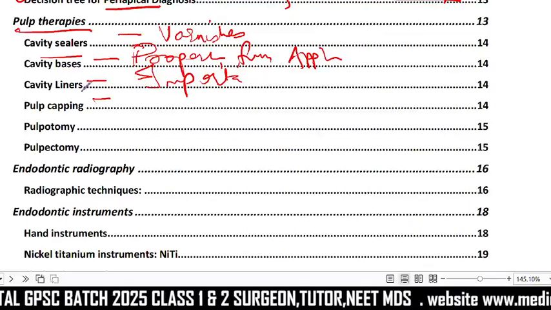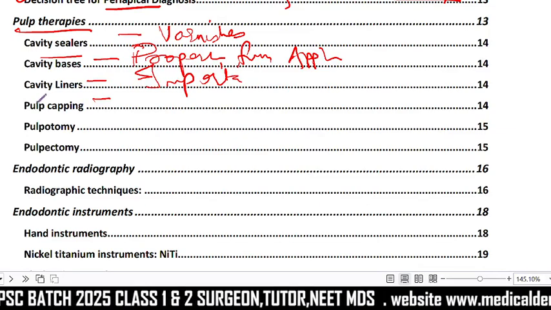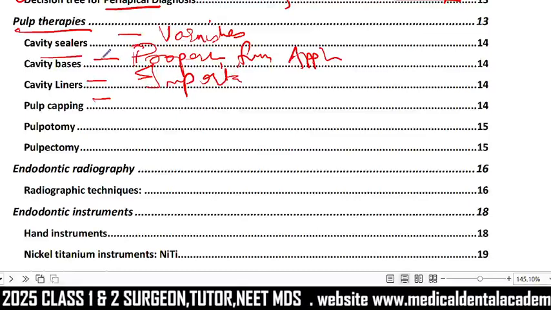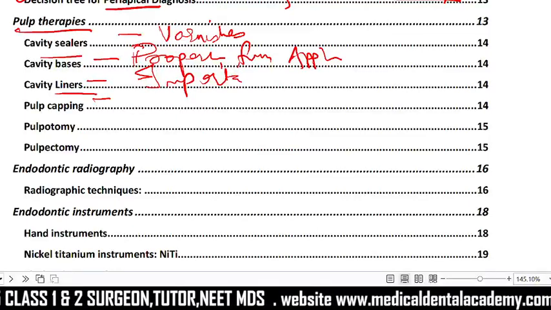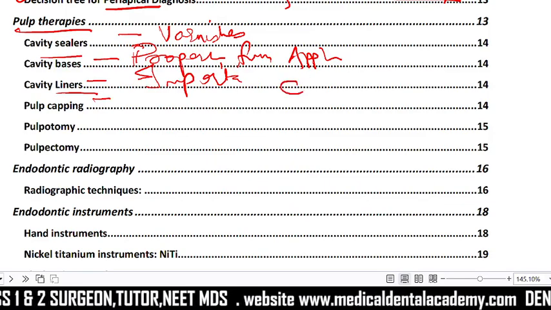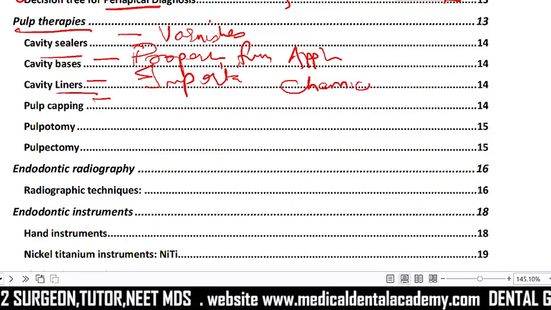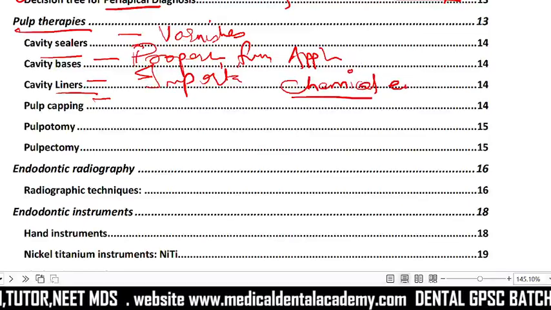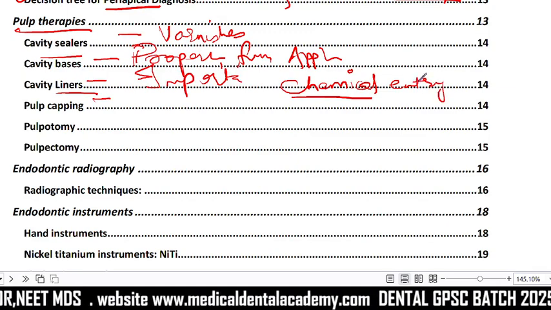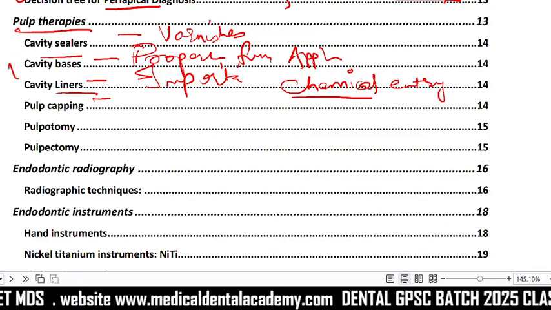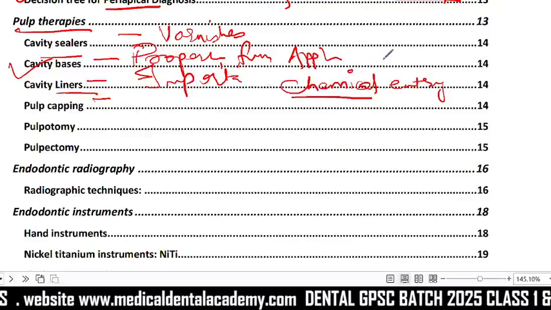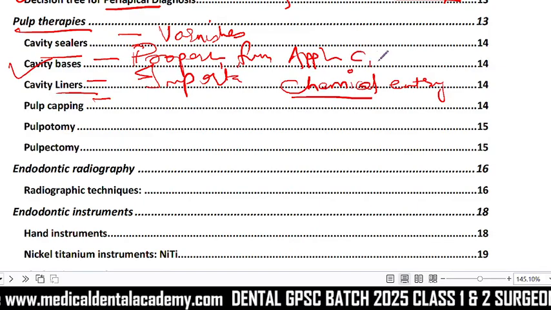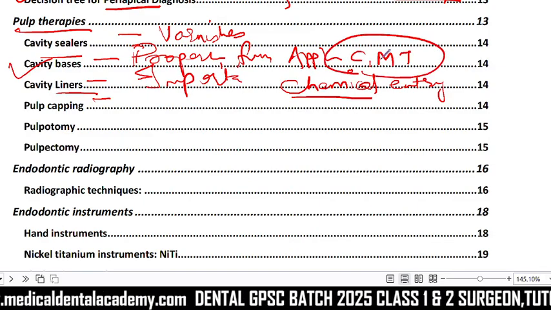Many times when we were studying, we just thought of these things as something you have to mug up. But what are liners? They just provide a chemical barrier, whereas cavity bases provide chemical as well as mechanical as well as thermal barrier.